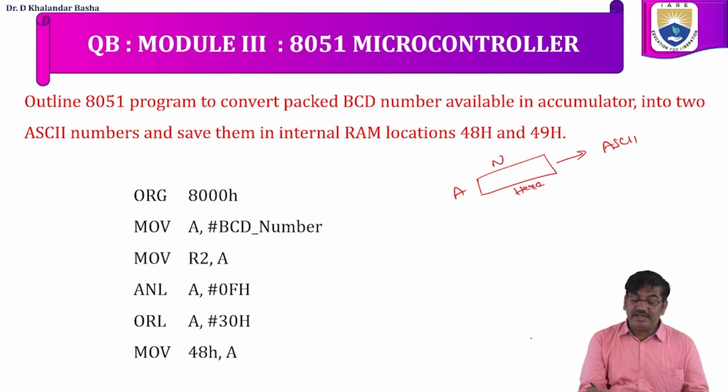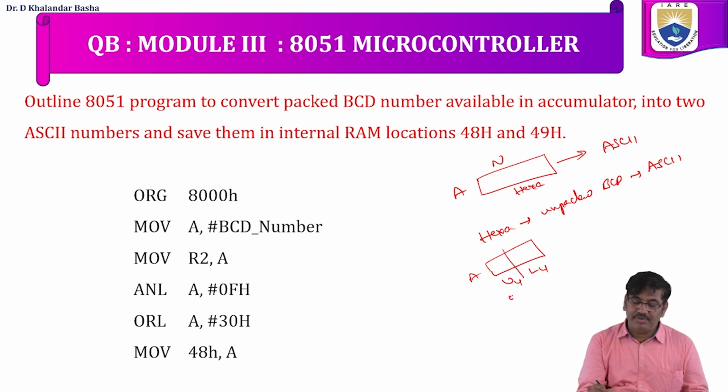For converting into ASCII, first the hexadecimal number will be converted into unpacked BCD. From this unpacked BCD, we are then going to convert into ASCII. For this purpose, in the accumulator contents, first we will retain the lower 4 bits, and the upper 4 bits will be cleared. Then we are going to add 30 to it.